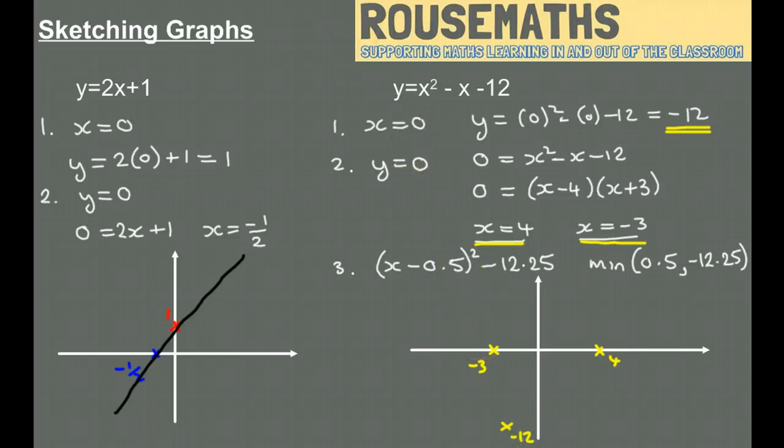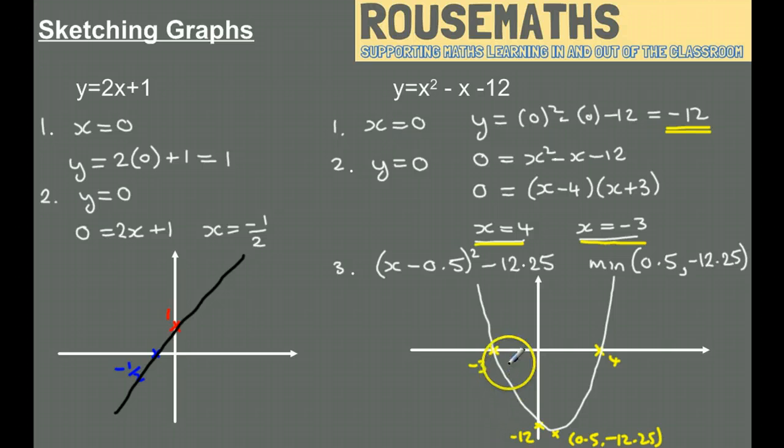I'll just move that out of the way so I can write it in. Which means we've got a minimum about here, which is 0.5 and then negative 12.25, which means my curve, I'll try my best to draw it as well as I can, is going to come down through negative 3, reach its lowest point there and go back up.